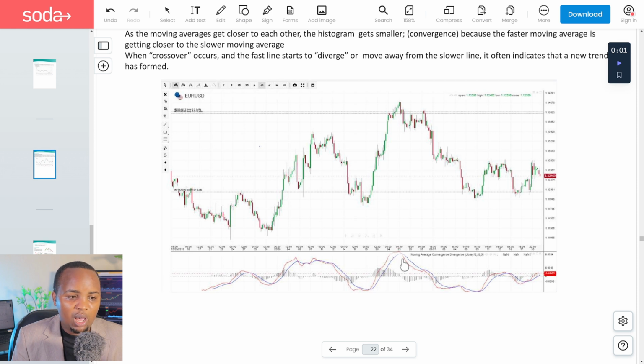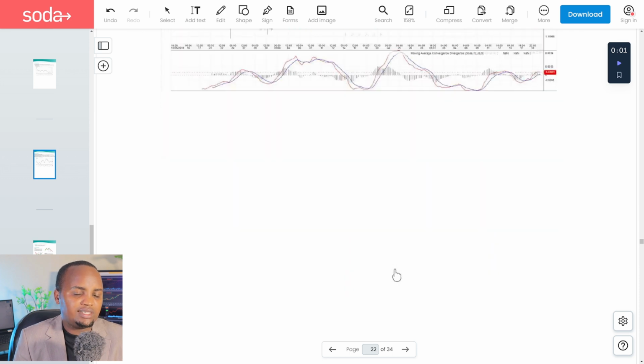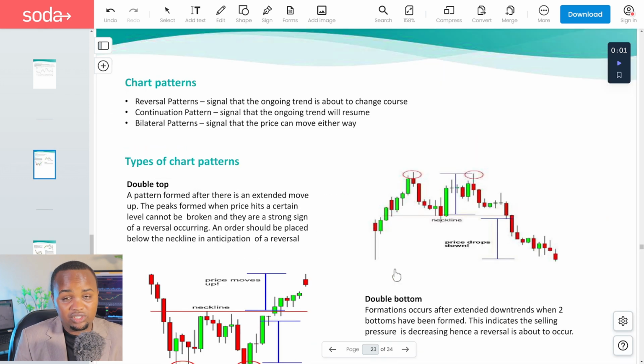So when they cross above the zero line and are pointing downwards, it's the signal for a sell, and when they are pointing up and below the signal line, it is a point to buy. Like this one, and another one here presenting the buy, and this is the Euro USD, as you can see. So that's another indicator you can use in the market.